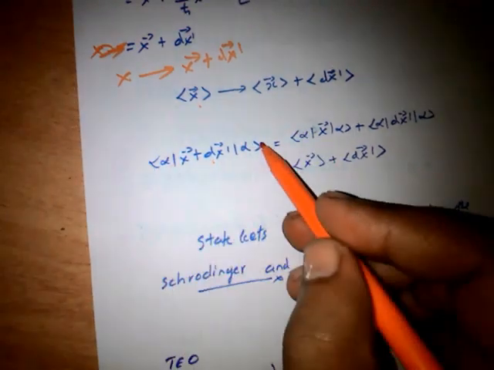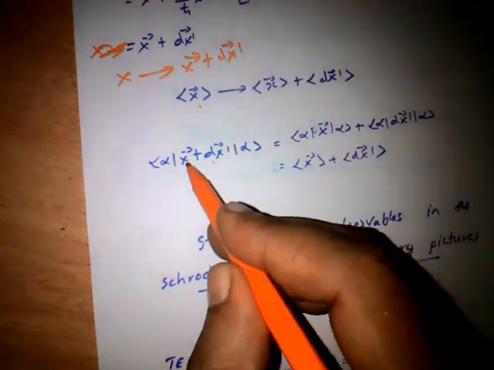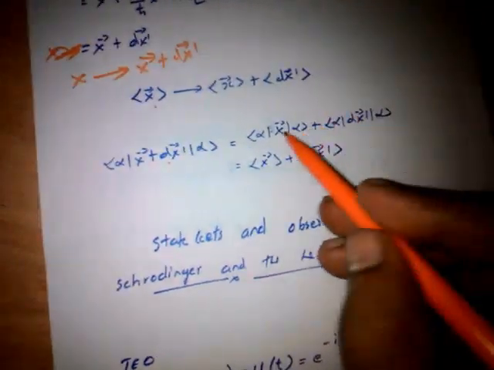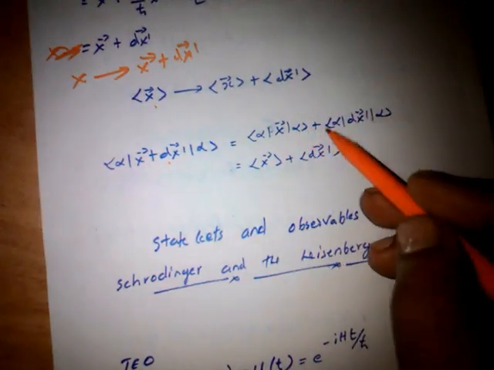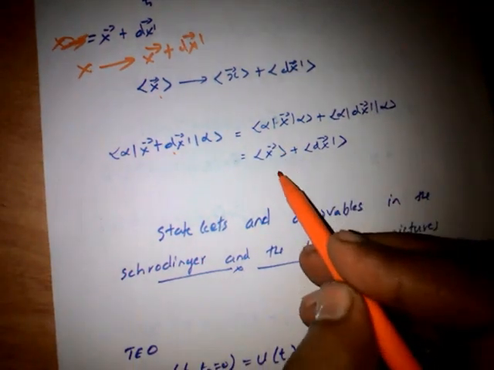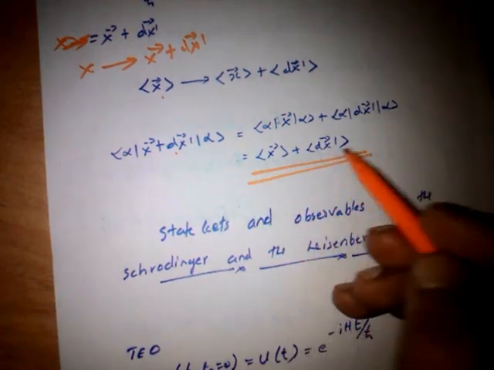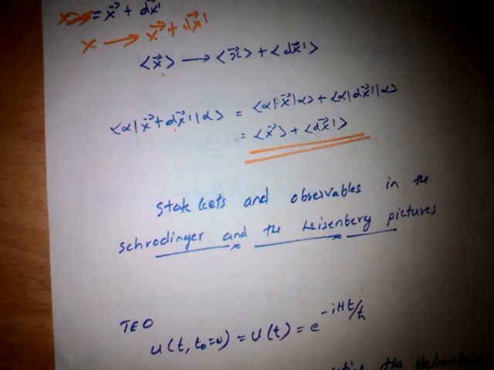That is, taking the expectation value of x plus dx dash: alpha, x plus dx dash, alpha, which is alpha x alpha plus alpha dx dash alpha, into x plus dx dash.